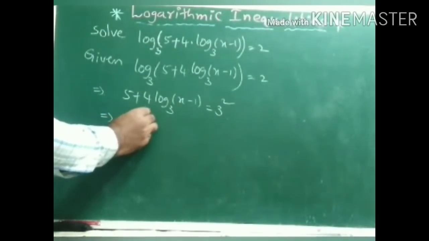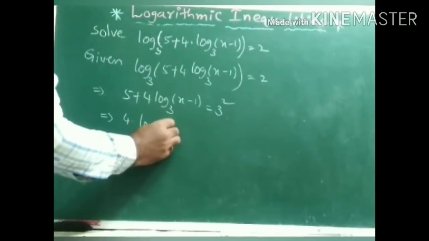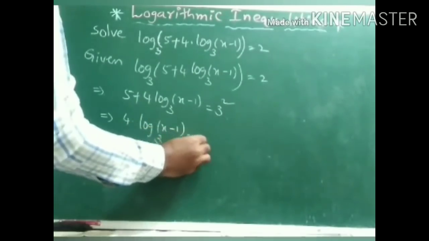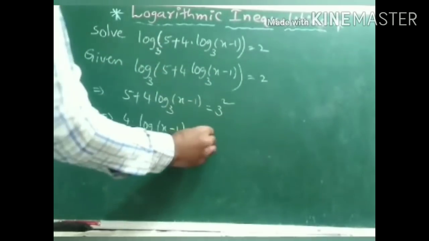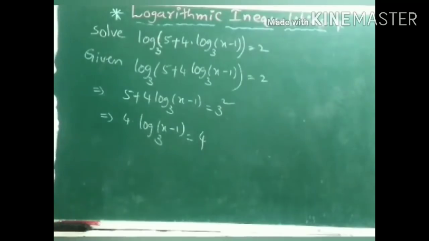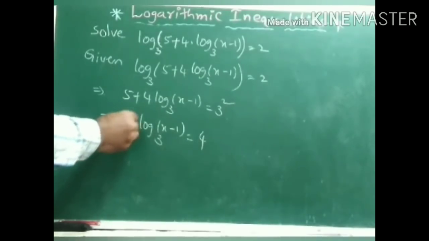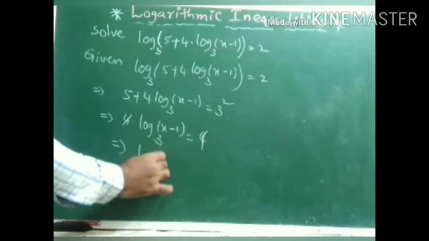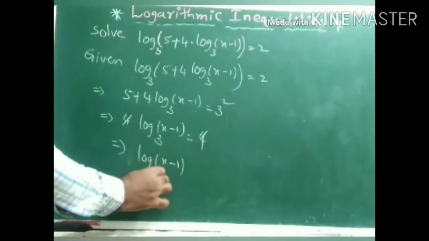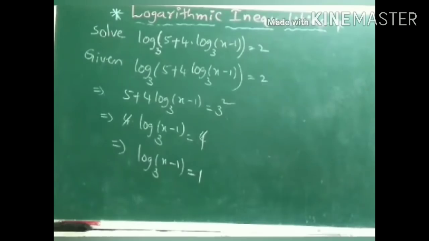So 4 into log of (x minus 1) to the base 3 is equal to 9, and after sending the 5 across, 9 minus 5 is equal to 4.